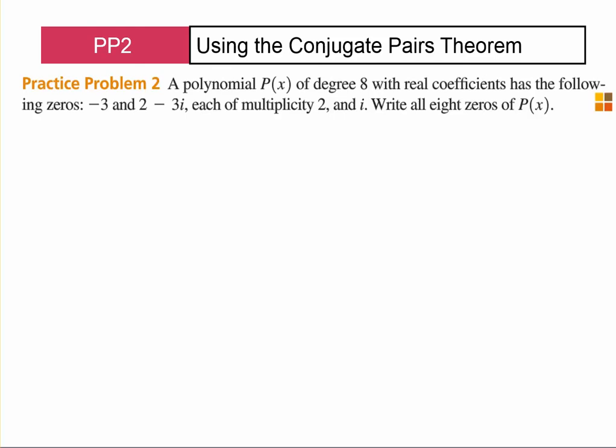This is just: write for me all the zeros of p of x. Can you give all the rest of them, or can you give me all of them? So let's go. And this is really just an exercise with the conjugate pairs theorem.